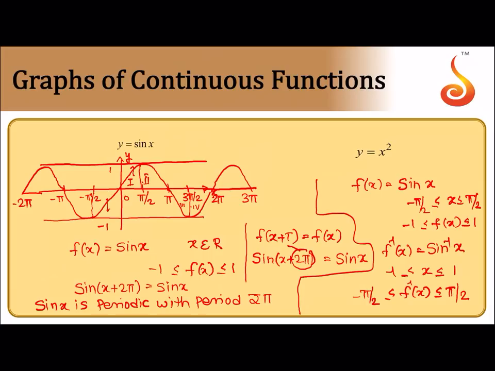So this is the domain, this becomes the range, and this is the range, so this becomes the domain. f of x equal to x square we have already drawn. So I repeat once again, f of x equal to sine x is a continuous function and it is a periodic function, and the inverse of sine x is sine inverse x. You got the complete details about the sine x graph.